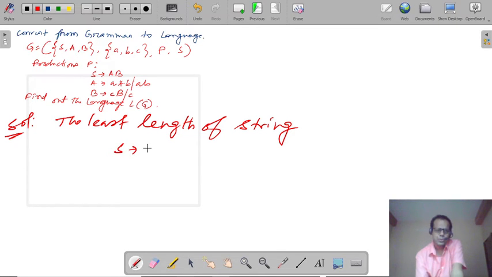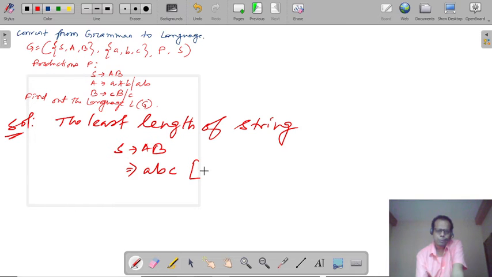S implies AB, A implies ab, and B implies c.